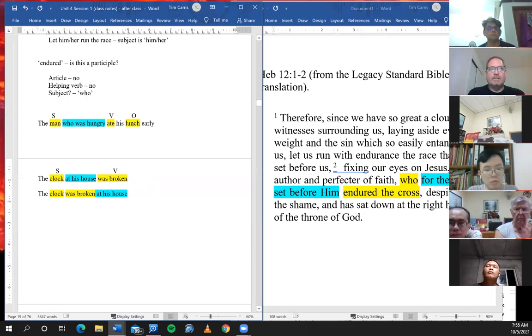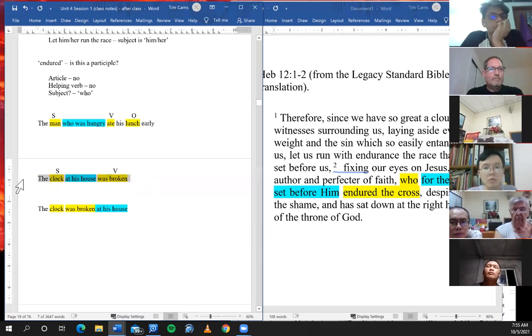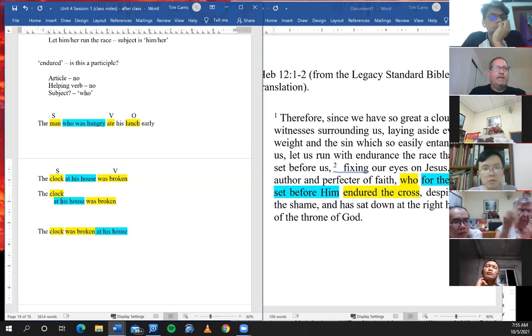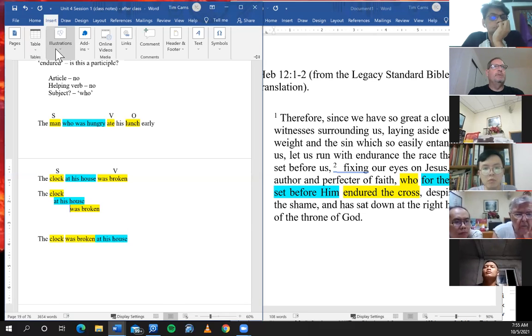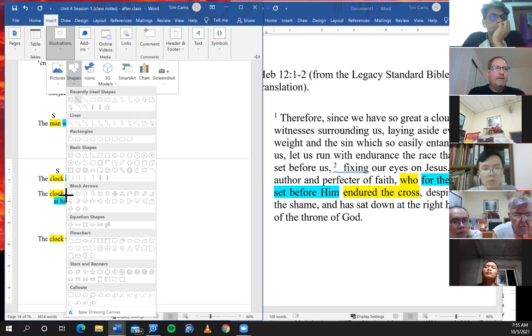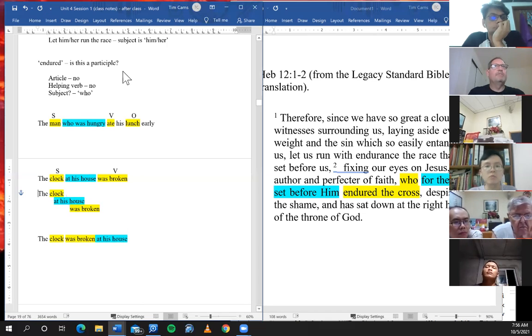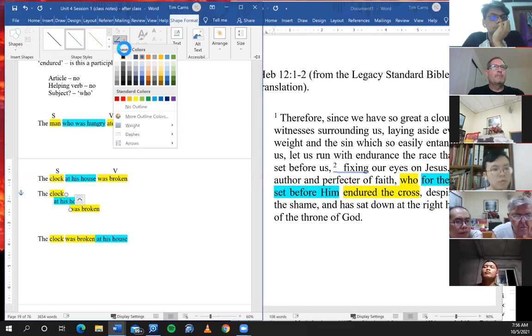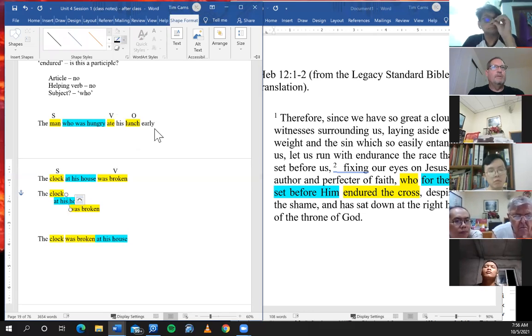Now the second sentence, and this is how I would diagram it. The clock at his house, so at his house is modifying the clock. It's describing which clock, and then was broken just completes the sentence. So I'll put a line here to tell myself that is what is being modified.